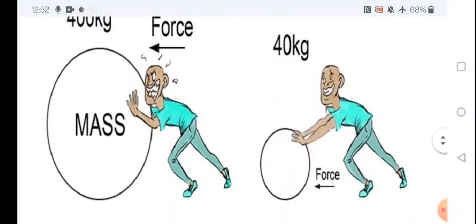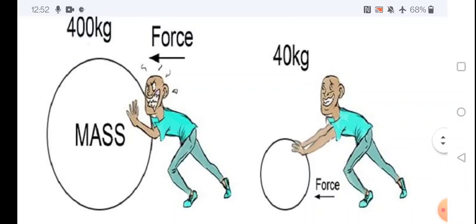See the picture. In the first picture, the ball mass is 400 kg. So the person applying maximum force to push that ball. In the second picture, the ball is 40 kg and that man is easily pushing that ball.